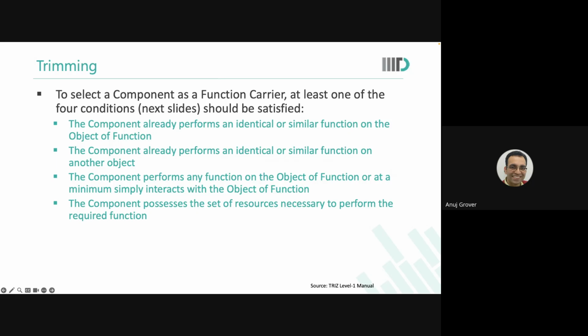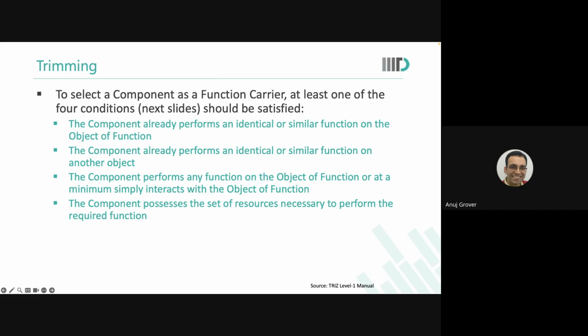It is, for example, making it configurable, whatever, but at least it is doing something to the tabletop. Even if it is not doing something, it is at least touching the tabletop. There is already an interaction that exists. There may be no function assigned with the same interaction, but an interaction exists. Are you with me? That is the third choice.